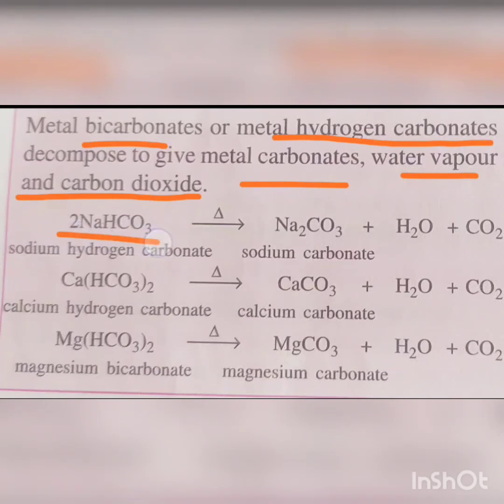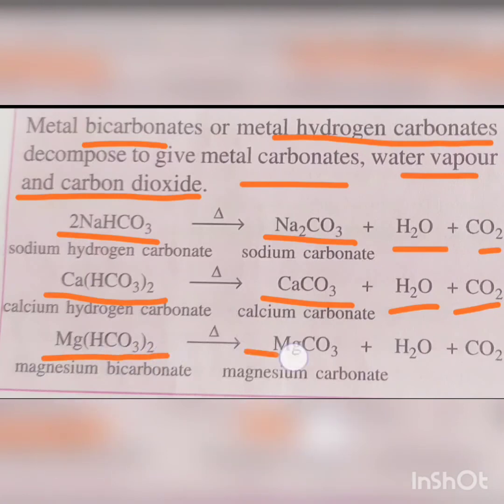So sodium bicarbonate on heating forms sodium carbonate, water and carbon dioxide. Calcium bicarbonate on heating forms calcium carbonate, water and carbon dioxide. Magnesium bicarbonate on heating forms magnesium carbonate, water and carbon dioxide.